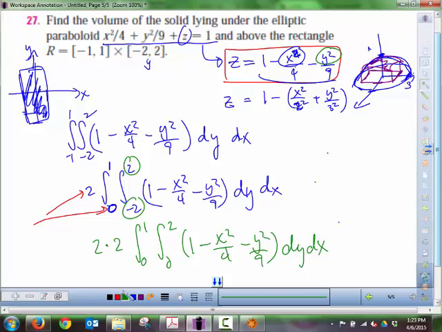So if that makes your integral a little bit easier, then you should try to take advantage of that. Otherwise, this is just as correct as the bottom one.